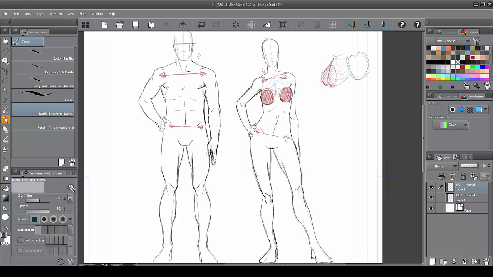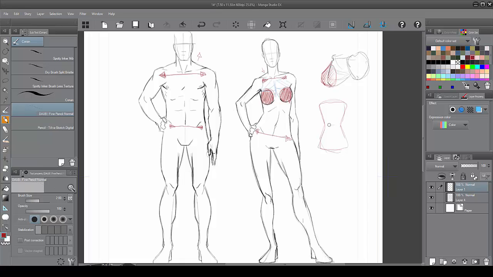Now I said hips, shoulders, and waist. Now with women, what we're looking for is a hip to waist ratio. So what I mean by that is this part in here is going to be thinner than this part here. Okay, so that's how we get that classic hourglass look to the body.